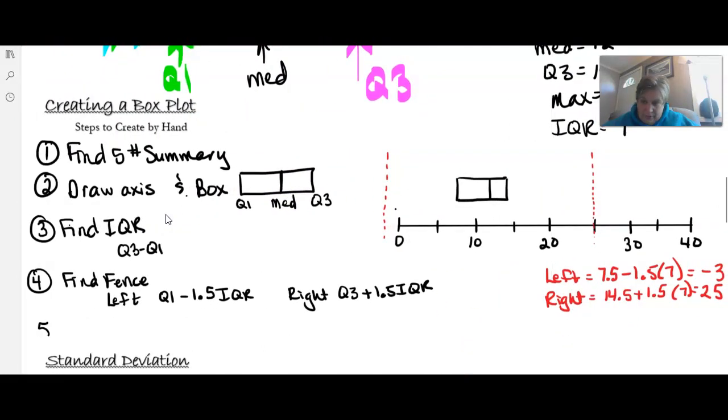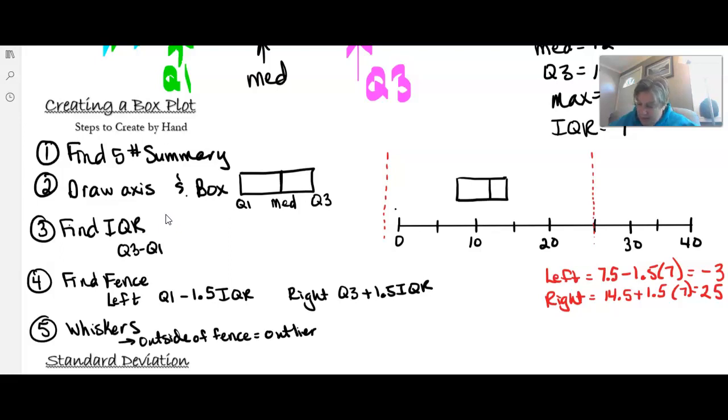For step 5, we're going to draw our whiskers. There are two things about it, and I wish I had more space here. Outside a fence equals outlier.